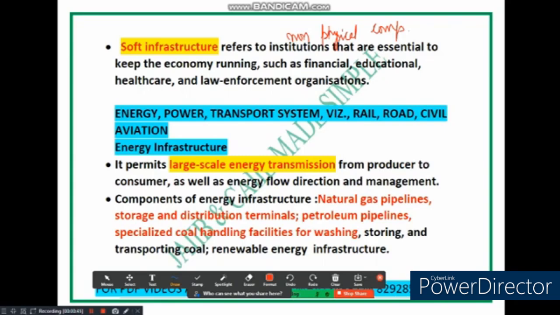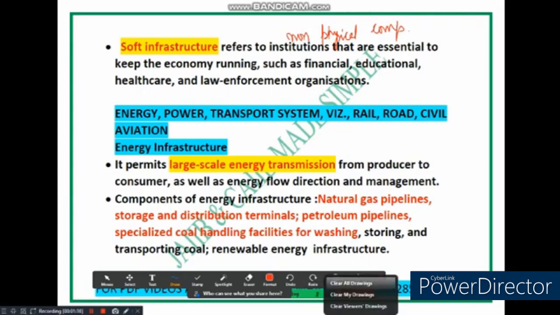These are institutions and services that are necessary for a well-functioning society. Examples include banks, financial institutions that provide financial services, schools and universities that provide education, hospitals and healthcare facilities that provide medical services, and law enforcement organizations that maintain law and order. These are different examples of soft infrastructure.